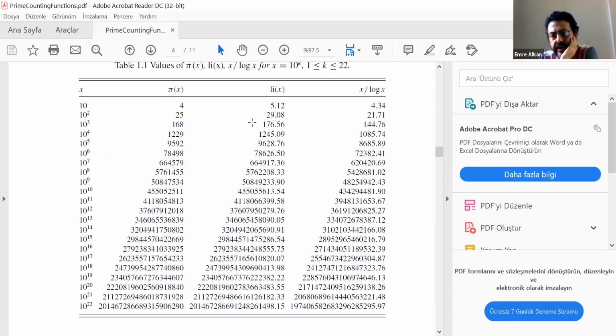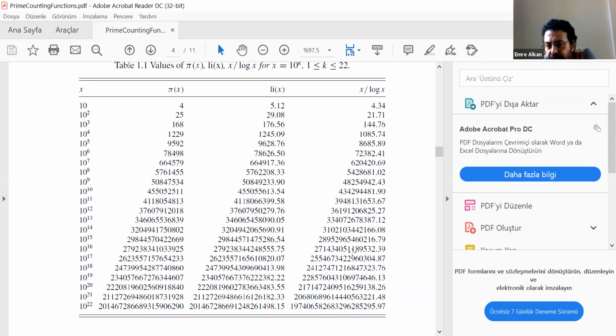Now, if you compare, you always see that Li of x is a lot better in terms of approximating pi of x. One sees that Li of x is a lot better than x over log x. And one can even make some conjectures just by looking at those. So it's really an interesting comparison between the two.